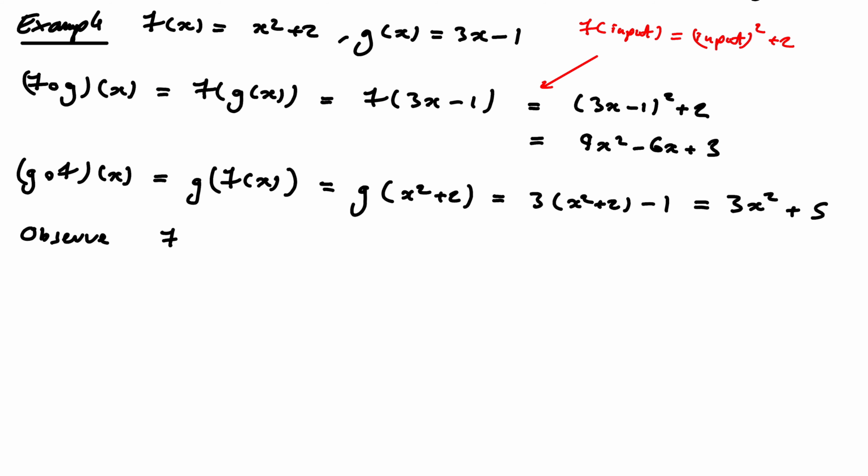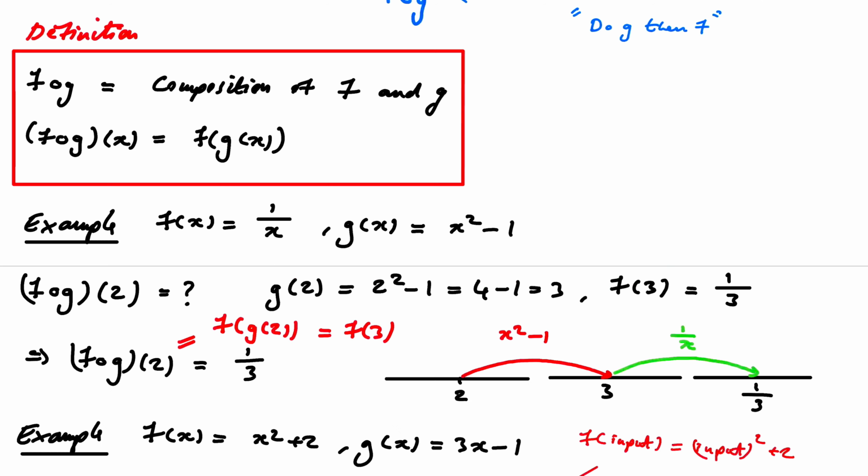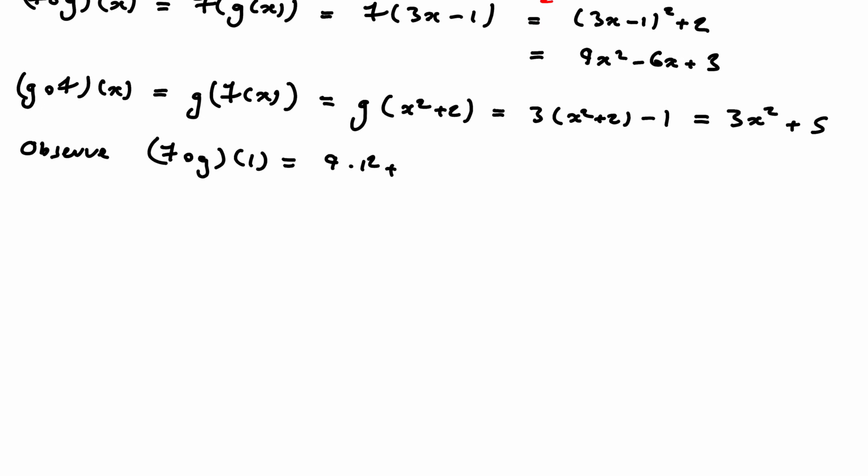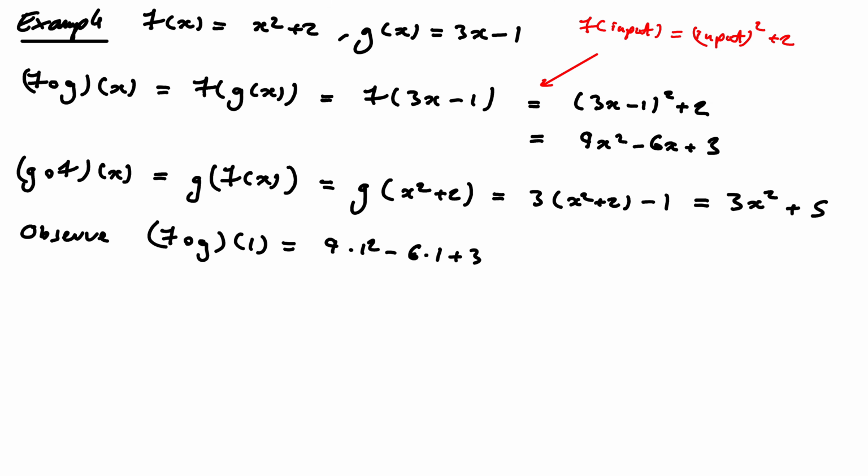So if I was to do this with a 1, that would be equal to 9 times 1 squared, sorry, is it minus, what's going on? Minus 6 times 1 plus 3. Is that right? So that's 9 minus 6 plus 3, that's equal to 6 overall.